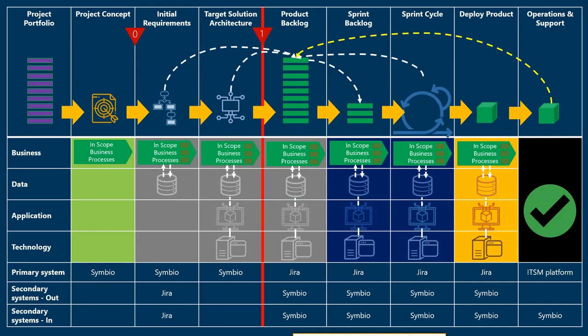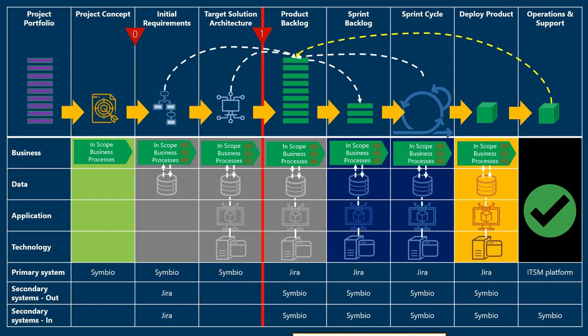Another busy slide. But here you can see at the top, first of all, that's the cycle. And here at the bottom, you can see the primary systems and the secondary systems out and in. So you can see for concepts, project concepts, Symbio is the primary system. Initial requirements, Symbio is the primary system.